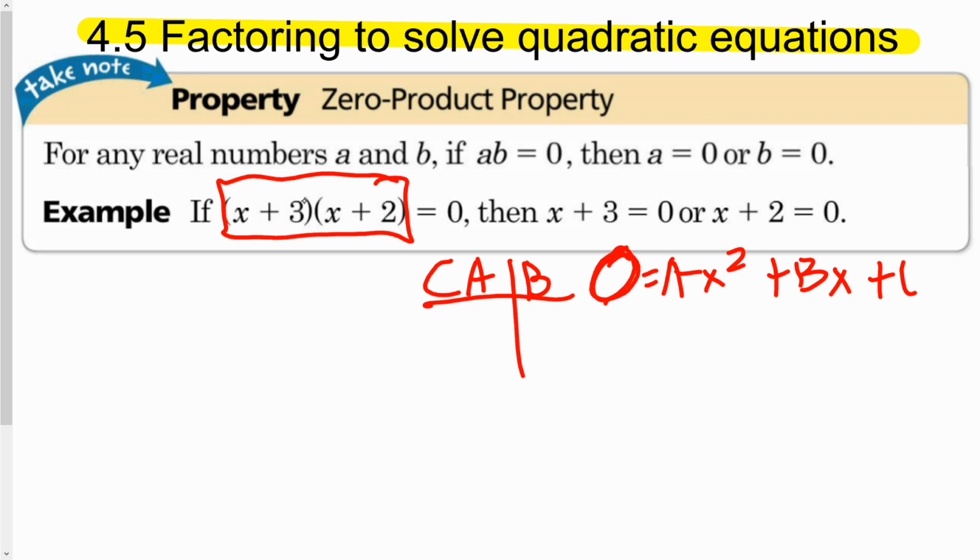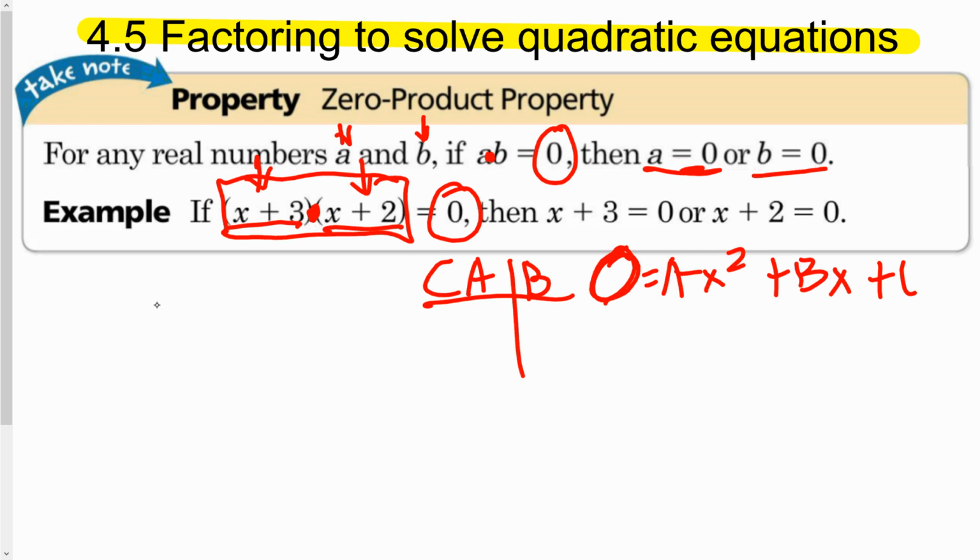Well, what the 0 property says, which you'll probably forget, is when we multiply two things, like here's one factor and here's another factor, and the answer is 0, that means this one can be 0, or that one can be 0, or both of them. So when I multiply two things, A and B, and the answer is 0, then either A is 0 or B is 0.